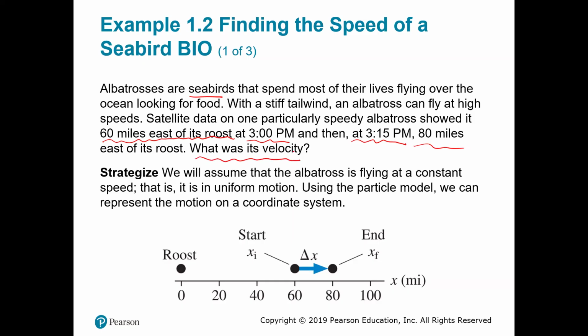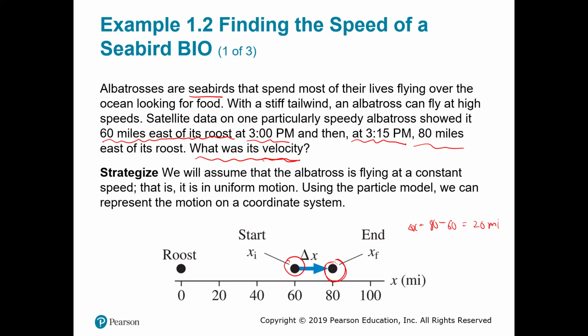Velocity, right? So it starts from here, ends here. So you're looking for velocity. In order to find velocity, what do you need? You need a displacement, right? So displacement here is what? Final 80 minus initial 60. So it's 20 miles, right?